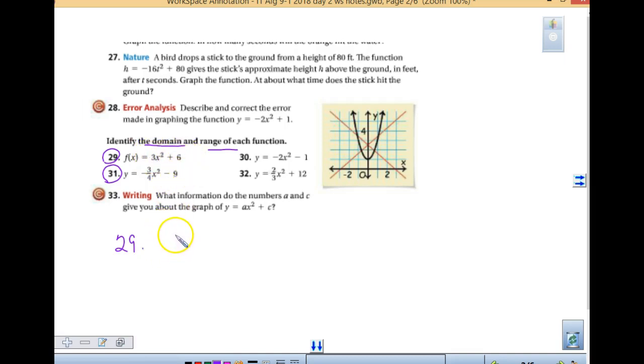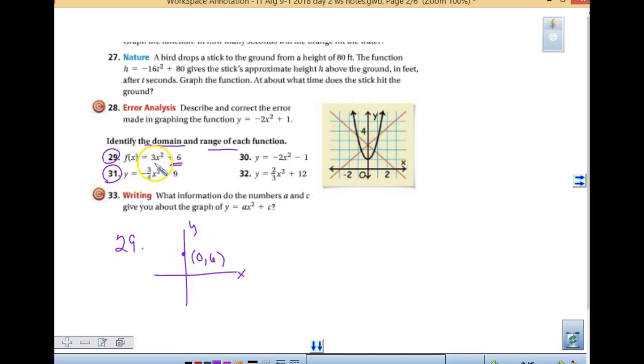We said yesterday, what does this last number do to our graph? If I think of this as my x and y-axis, what does that plus 6 do to our graph? It changes the vertex. So my vertex for 29, you didn't have to graph it, should be at (0, 6), right?